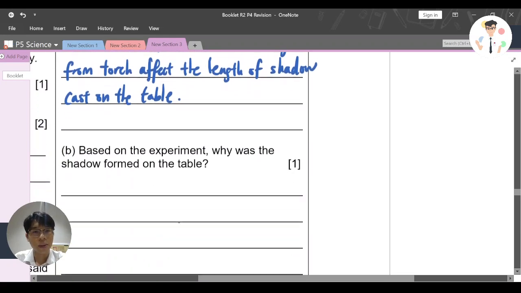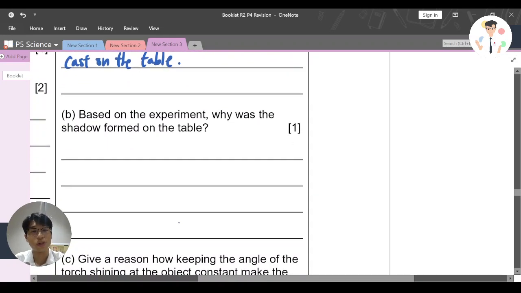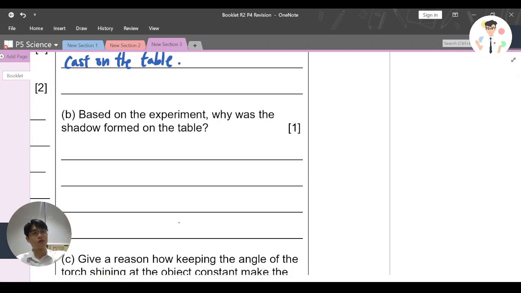So B, based on the experiment, why was a shadow formed on the table? Because light travels in a straight line and the light is being blocked by an object.